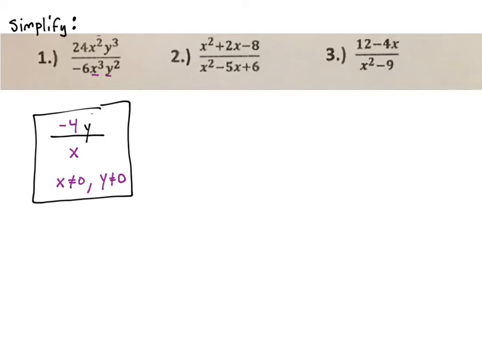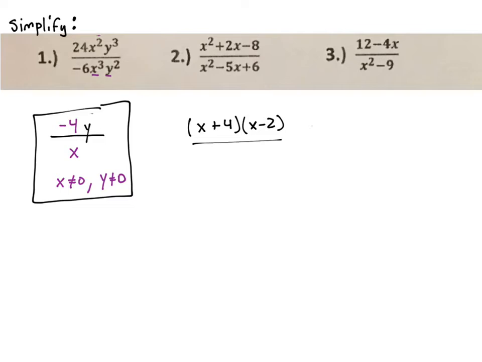Question 2, we're dealing with two trinomials here. So to simplify this, it's actually in our best interest to go ahead and factor these to see what happens on the top and the bottom. So if we factor these, and I can factor these pretty quick, factors of negative 8 that add up to be 2, well that's going to be x plus 4, x minus 2.